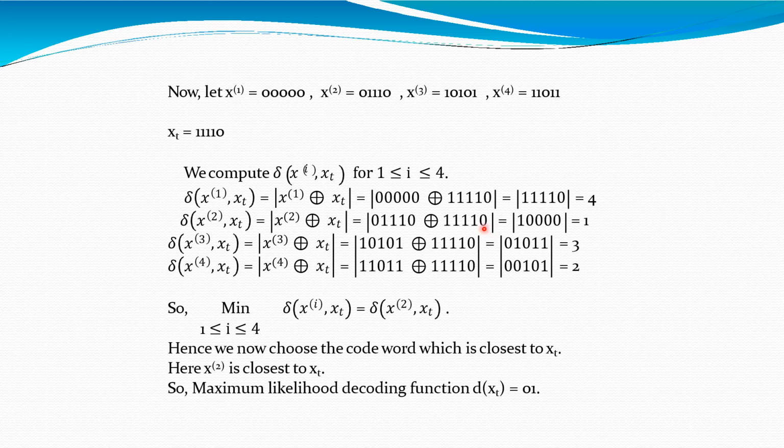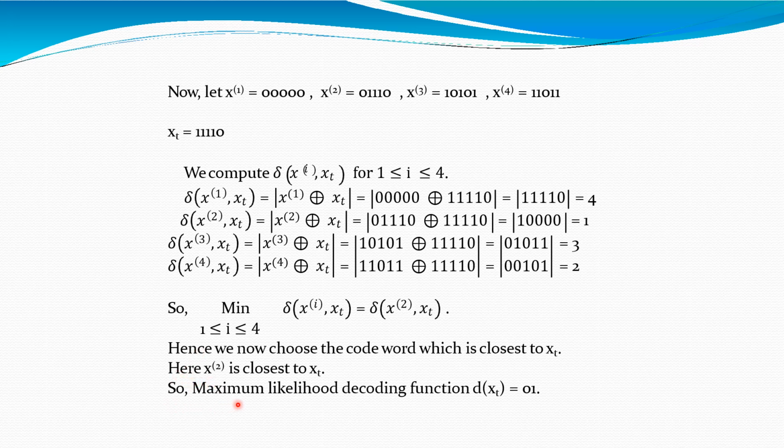So minimum distance is 1 and it is for x2. So in that algorithm, that xs is x2 here. So minimum of delta xi xt is nothing but delta x2 xt. Now what is x2? It is 01110. Hence we now choose the code word which is closest to xt. Here x2 is closest to xt.